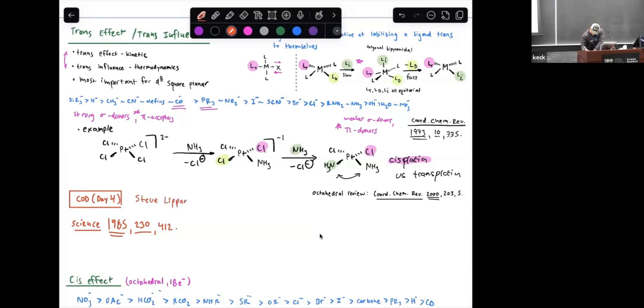This is Steve Lippard of MIT, famous for foundational work in the field we now call bioinorganic chemistry, including the functional and structural elucidation of cisplatin that functions through this interesting mechanism of coordinating to DNA and then inducing cross-linking of DNA.